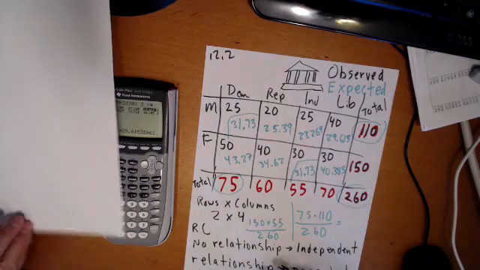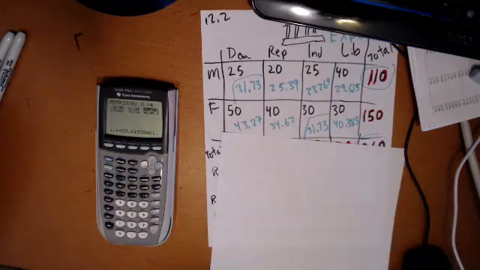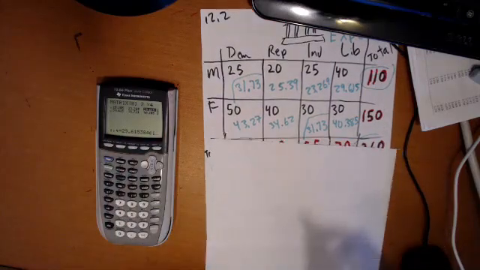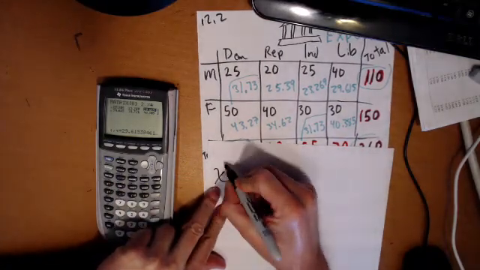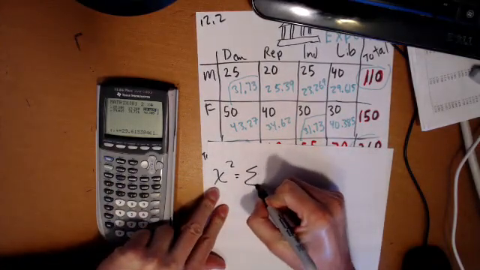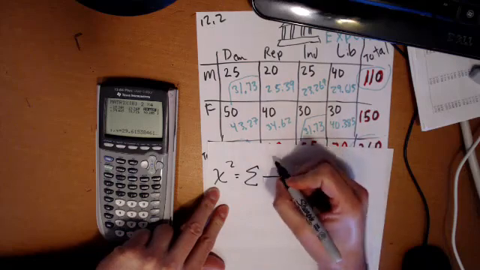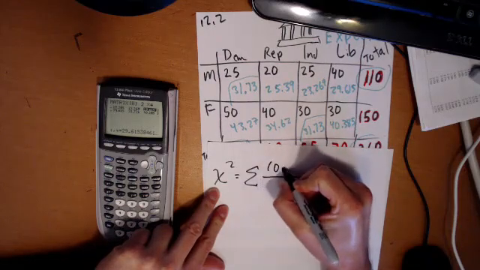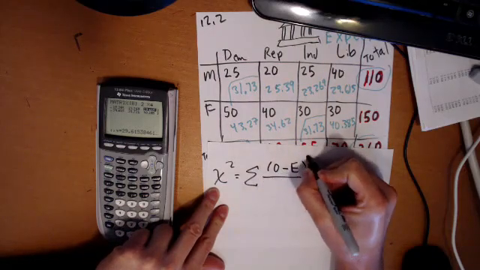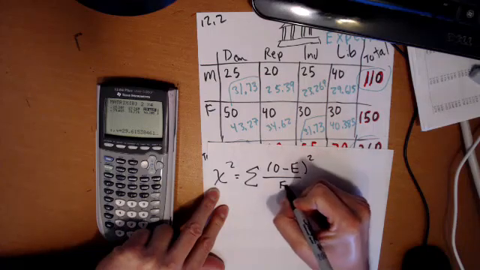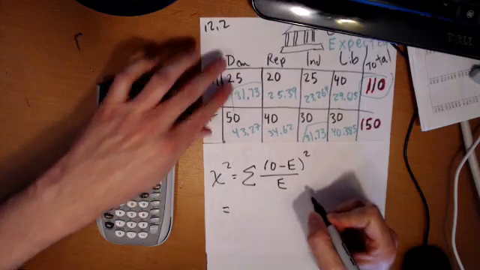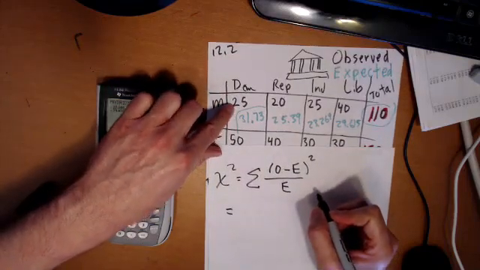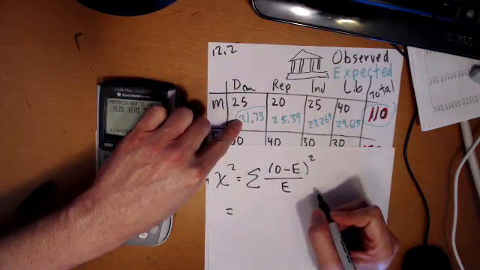Okay, and then let's take a look at that formula for 1 second. The chi-squared formula, as you saw before, the calculator is just going to magically figure it out for us. But the chi-squared is just the summation, that's not 0, that's O, of the observed minus the expected quantity squared divided by the expected. So imagine this, if you will. So go to the first cell. 25 is our observed. 31.73 is our expected.